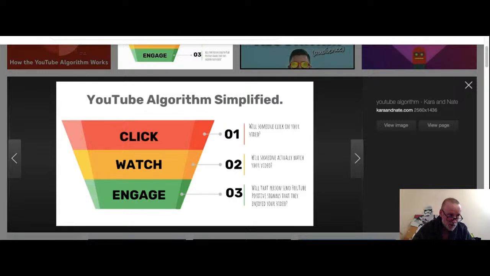So the first on the scale is click. I don't know if the screenshot will disappear when I click back on the picture that I'm sharing.